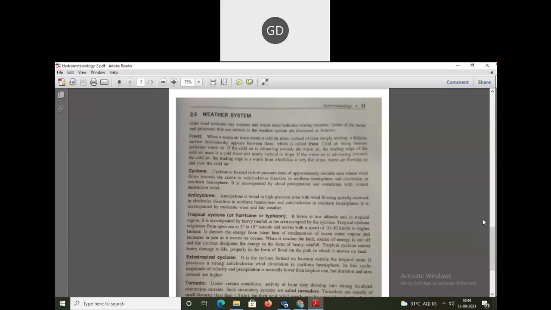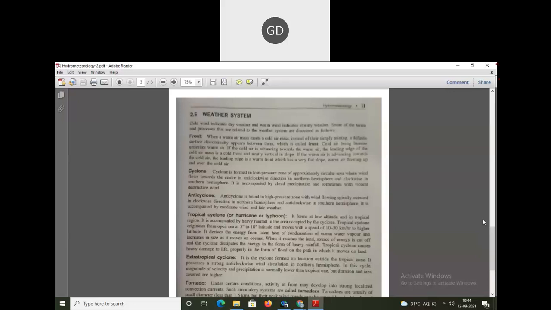That means the peak wind speed, the top wind speed, may be several hundreds of kilometers per hour. Tornadoes are very destructive, and the span of their life is very small, measured in minutes.